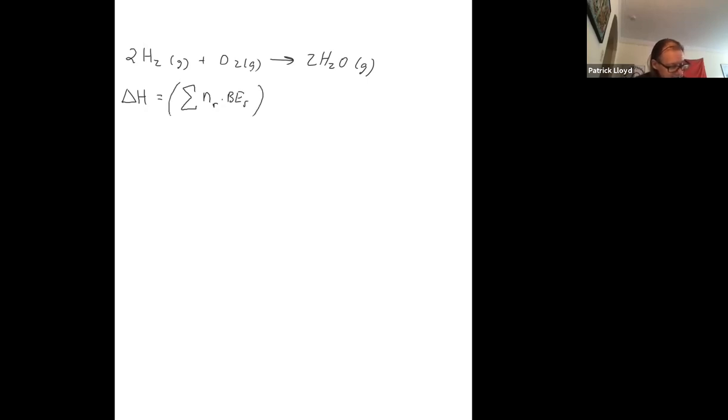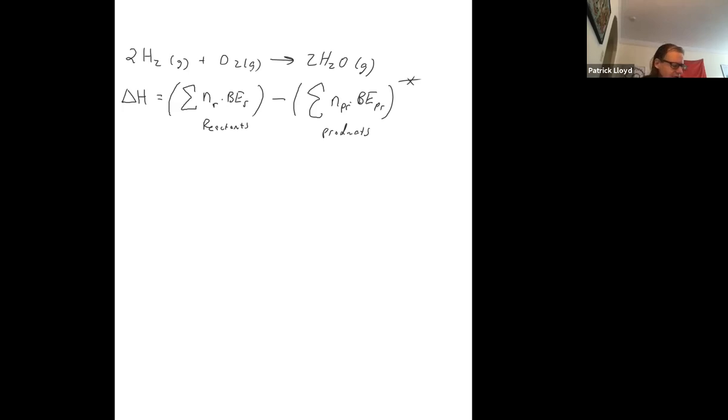So reactants minus the sum of the number of moles of product times the bond energy of the product, PR for product. Put a little asterisk here. That's the correct formula right there. Hopefully we can see that now. This will give us the correct sign. The sign is important. We want to know whether something's endothermic or exothermic.